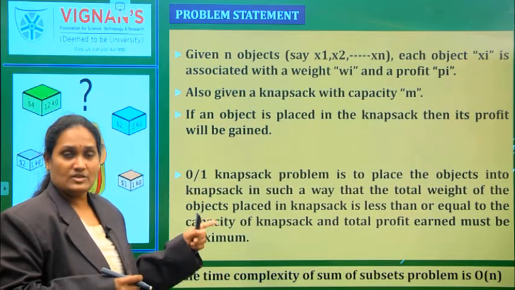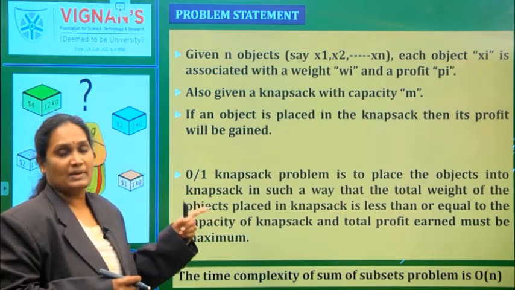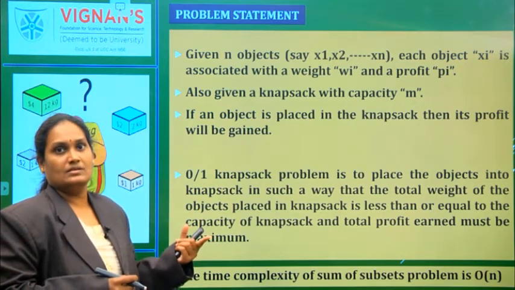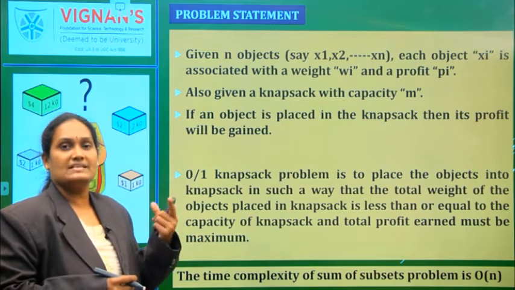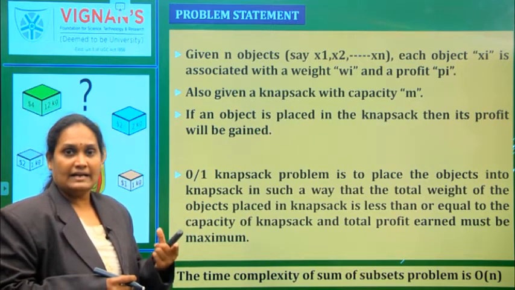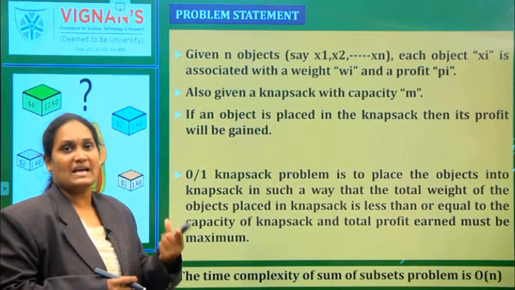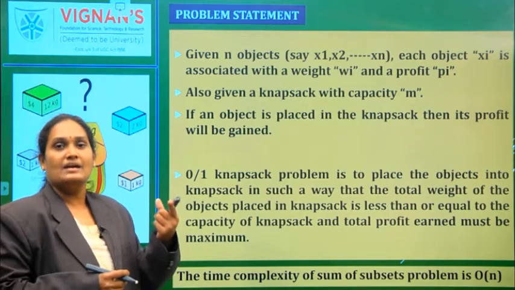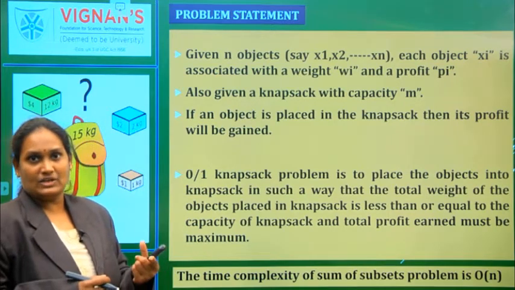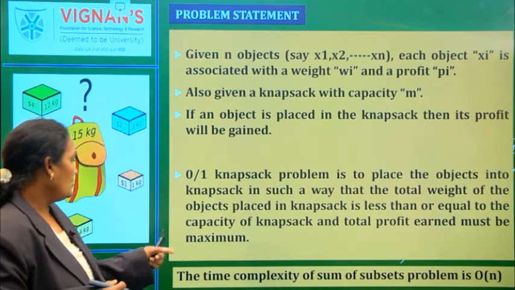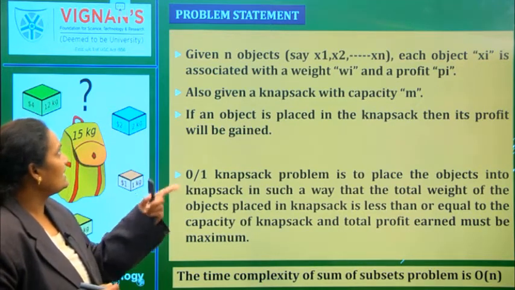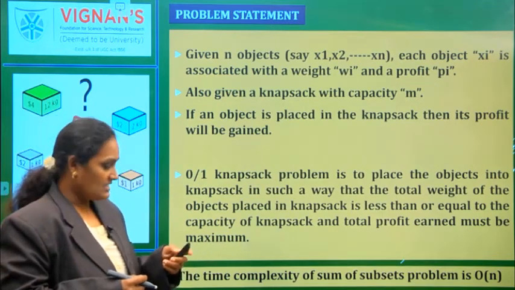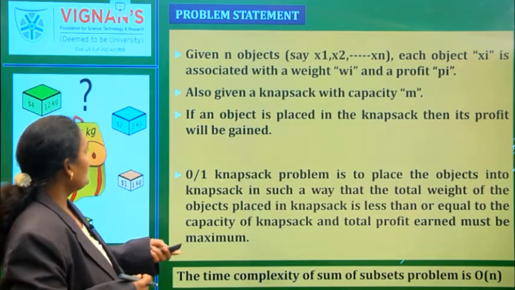That is, we need to select a subset of objects to place into the knapsack such that the total weight is less than or equal to the capacity and the total profit is maximum. Here the time complexity of solving the knapsack problem is big O of n in this branch and bound strategy.